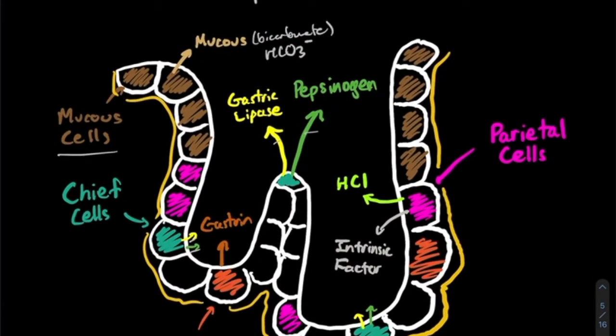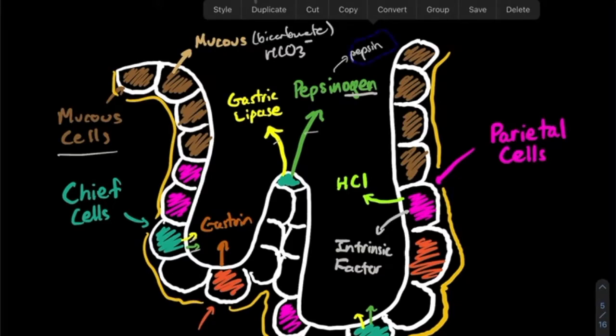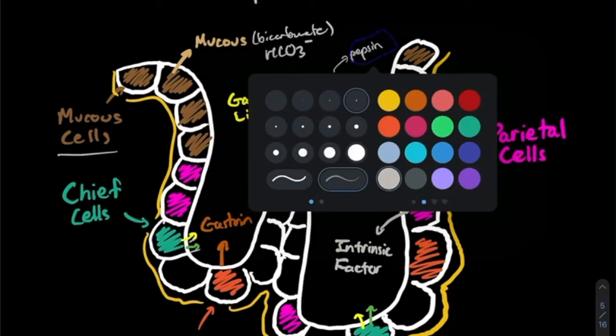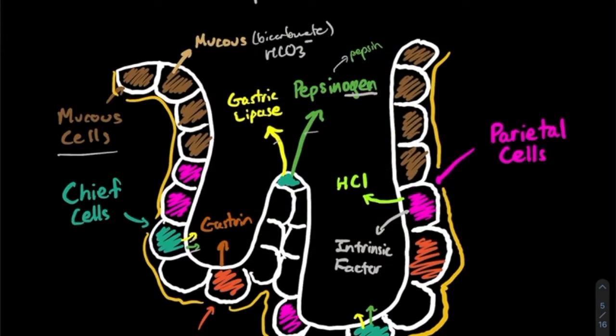And pepsinogen, keep in mind, is a zymogen, and we can tell that because it has the -ogen ending, which means this is an inactive protein when it's secreted by these chief cells and needs to be converted into its active form, which is pepsin. So pepsin is, and I can go ahead and make this green for you guys, the first enzyme that's actually going to begin digesting proteins, which is super, super important to note.